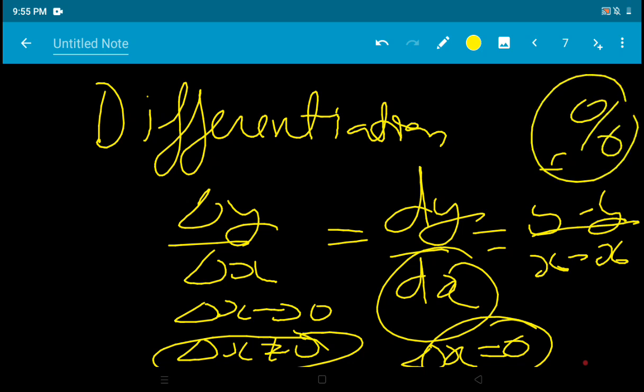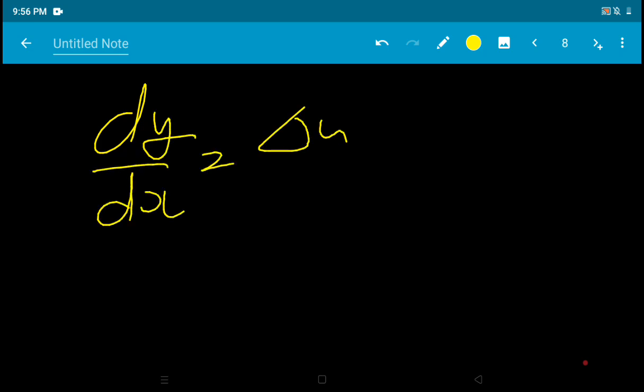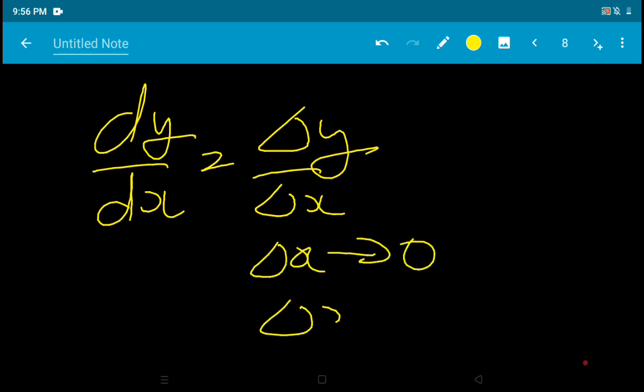So again, dy by dx equals delta y by delta x, the average change when delta x approaches 0 but delta x is not equal to 0.